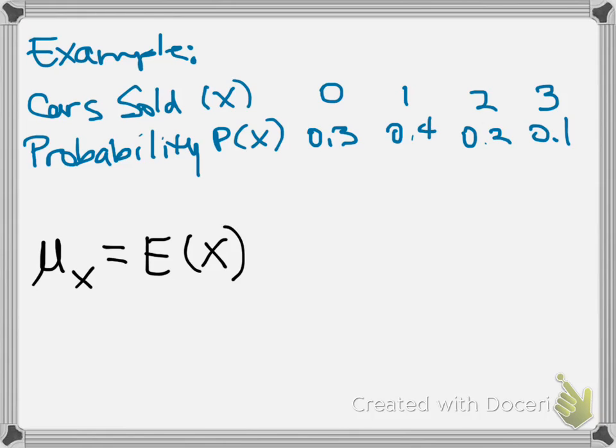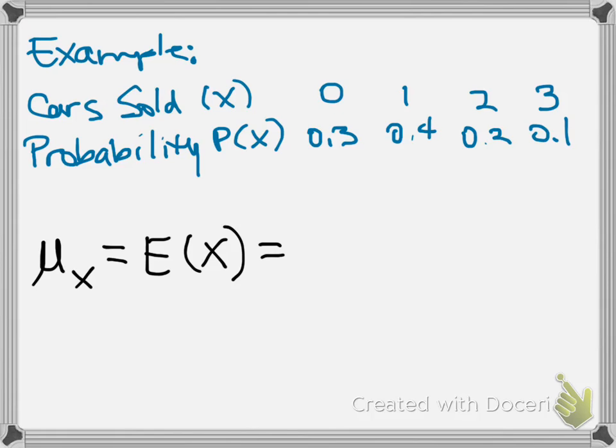This notation means that we are calculating the expected value of our random variable, which in other words is just another way of saying we're calculating the mean. Keep in mind though that just because we're calling this the expected value, that doesn't mean that this is the exact value that we expect to happen each time our situation occurs. It just means that on average, this is what we expect to have occur.